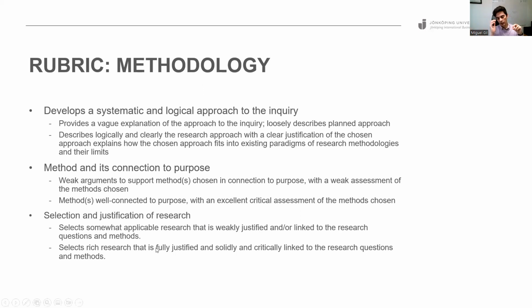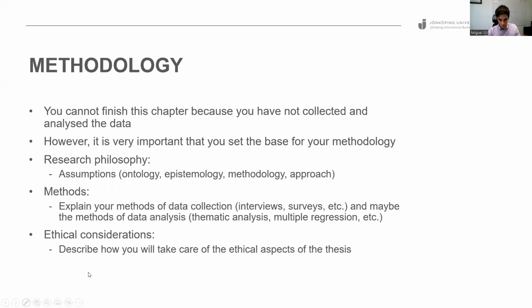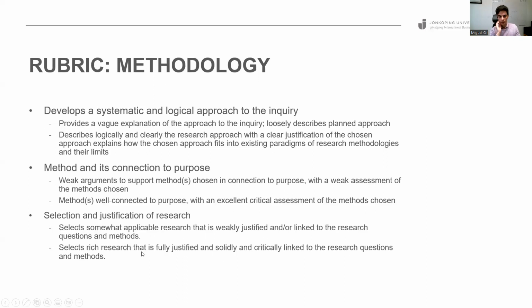And finally, the last point that is graded is the selection and justification of research choices. So in general, this is everything else that is in the methodology chapter: ethics, selecting the sample. That's something that will come later, when you also have the data to justify these points.